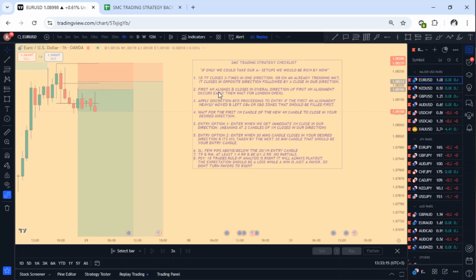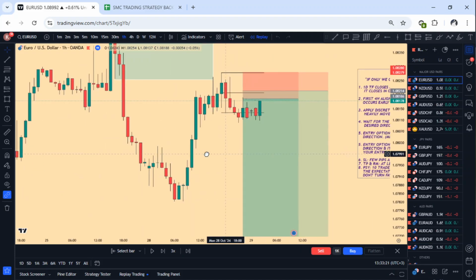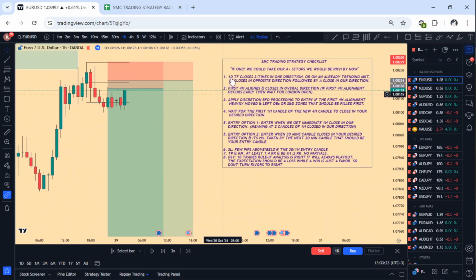Let me just go through the checklist once more. One day time frame closes in our direction. 1 day time frame closes 3 times in our direction, or if it is just continuation, then it closes in opposite direction followed by a close in our direction.